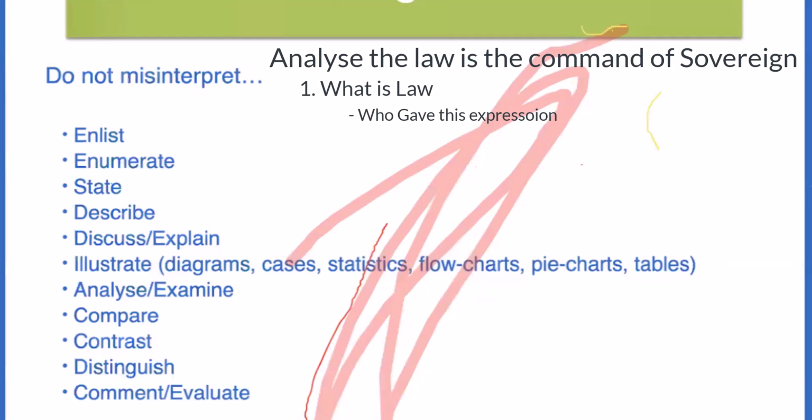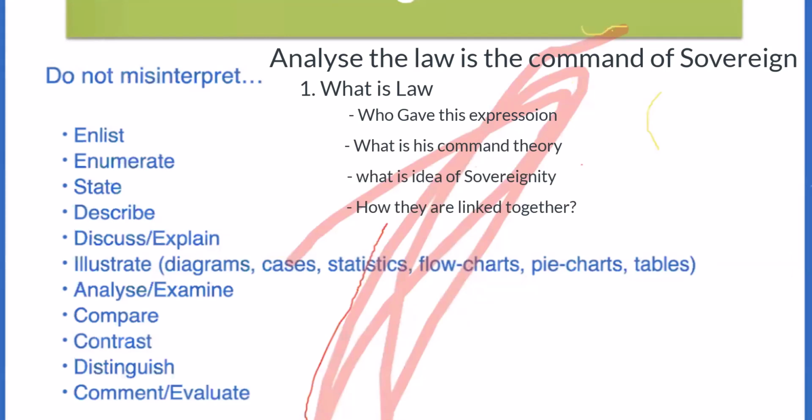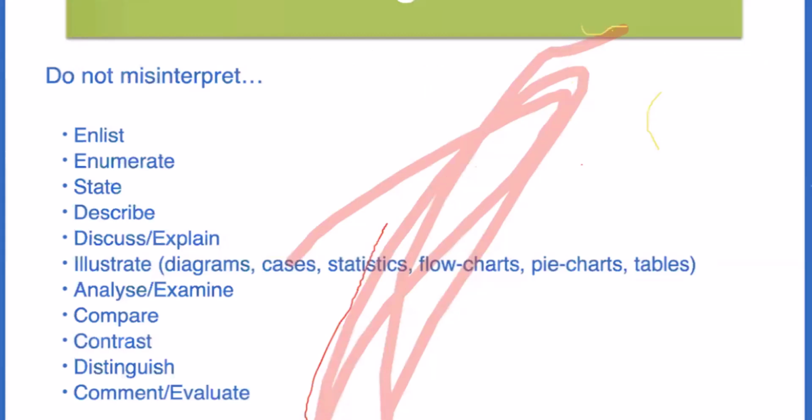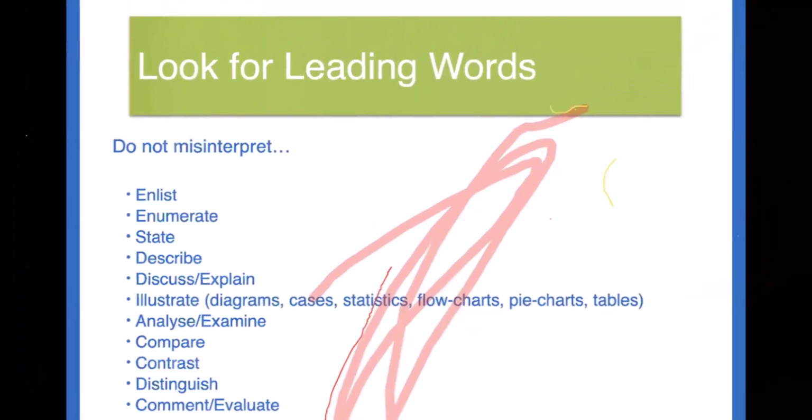That is something that you need to deal with in the first instance. Then, what is his command theory? What is his idea of sovereignty, and how they are linked together finally, right? So you have to break it down into component parts. You have to approach the question in a very scientific, methodical fashion. That is what analyze and examine are asking you to do.